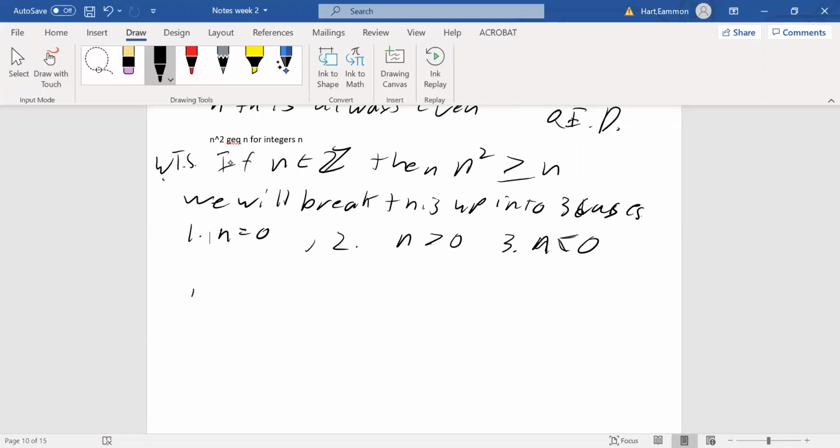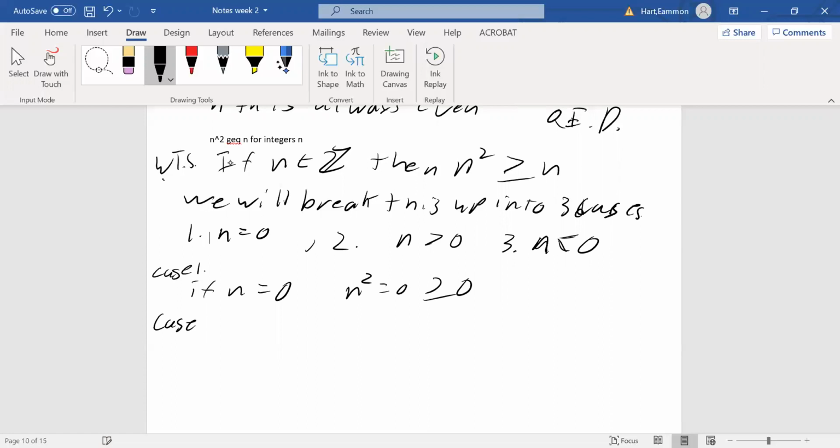So if n is equal to 0, then n squared is equal to 0, which is greater than or equal to 0. No big deal there. So this is case 1.